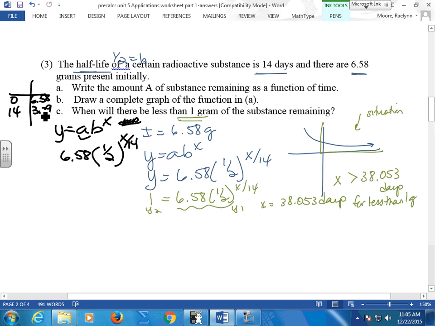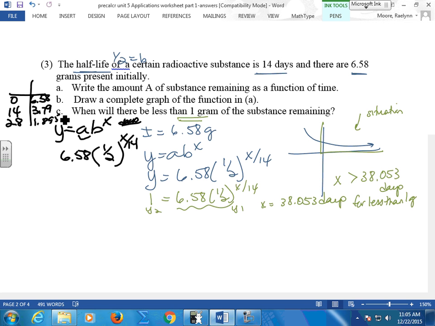And when do I half-life again? And how many days? 28. I take half of this again. 1.8. 0.95 or something like that. So when you look in your table, after you write your equation, if that's not there, then something went wrong. It's a good indication that you did it right.